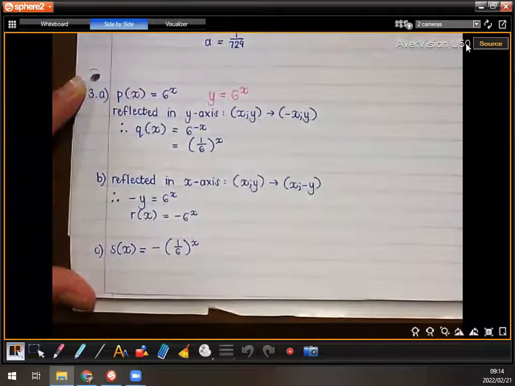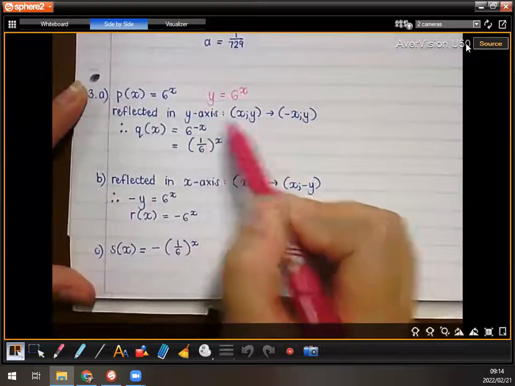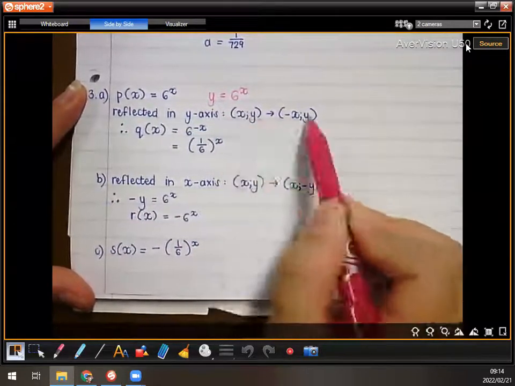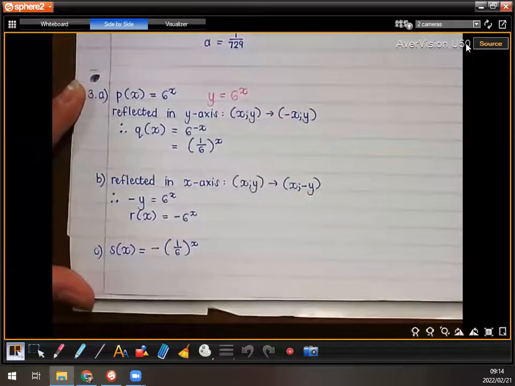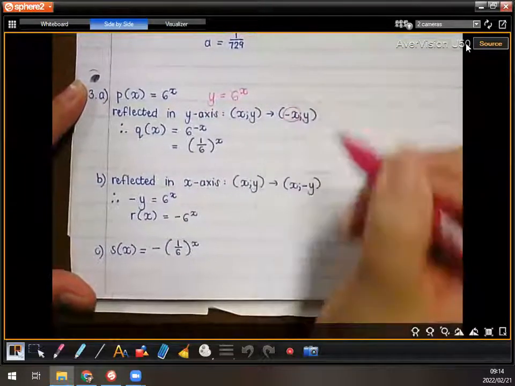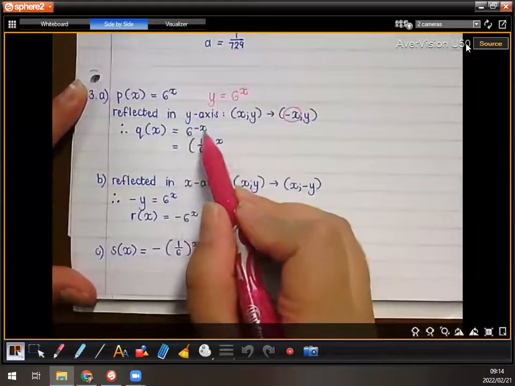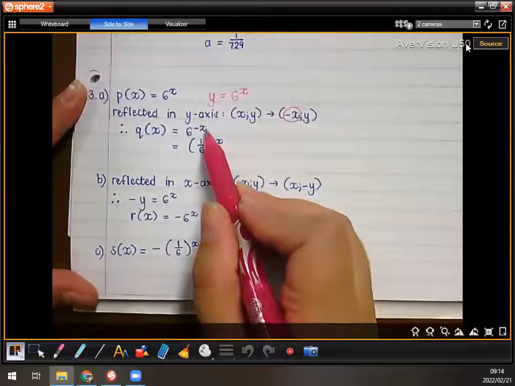So in the first question, they ask you to find the equation of q if that is p reflected in the y-axis. Now you didn't have to write this down. I just wrote it down so that you guys can remember what I'm doing. If you're reflecting in the y-axis, the sign of x changes, right? So 6 to the x needs to become 6 to the negative x.